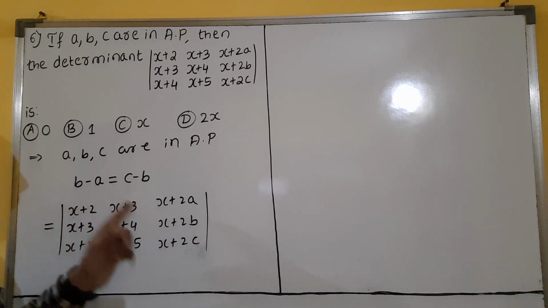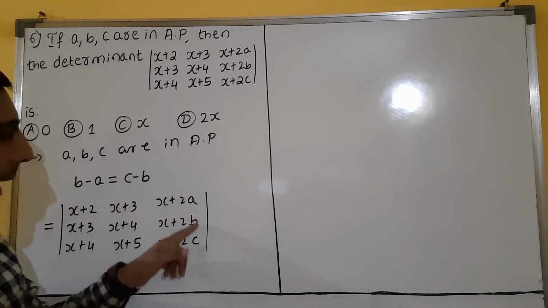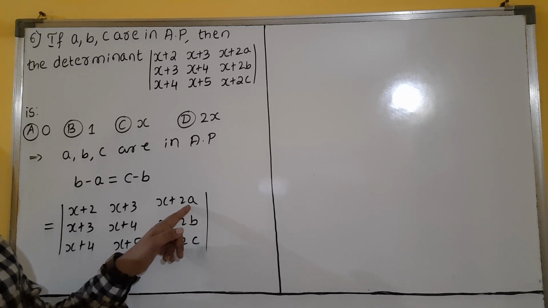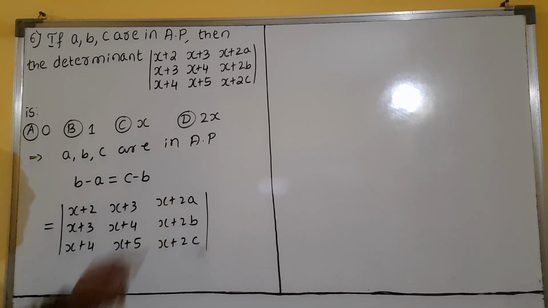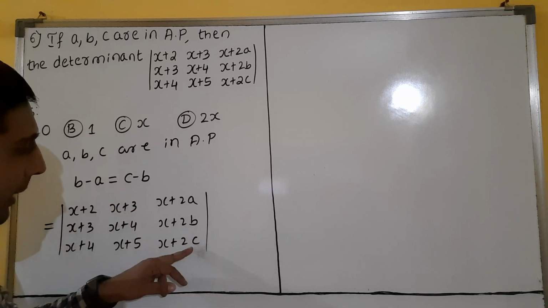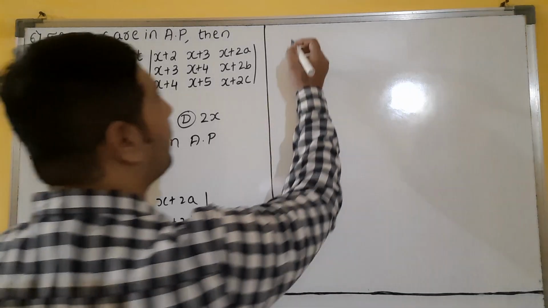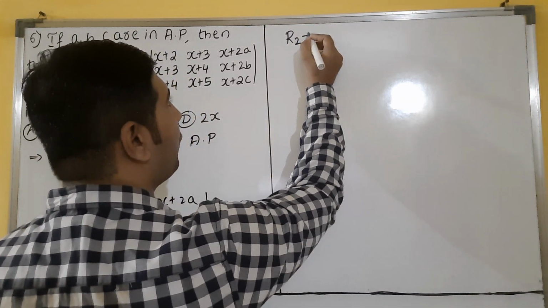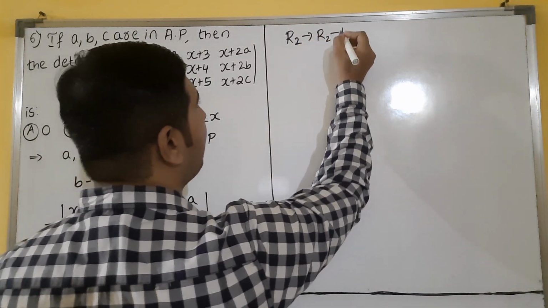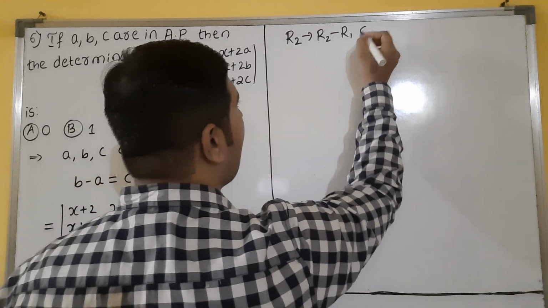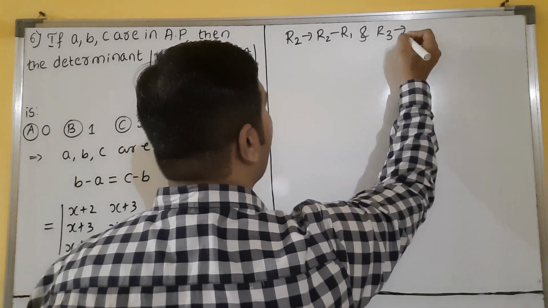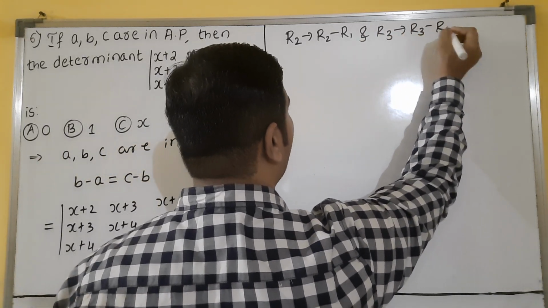B minus a: 2b minus 2a I can get, so that is R2 minus R1. C minus b means R3 minus R2. Understood? So we apply R2 minus R1 and change row 2, and R3 minus R2 and change row 3, dear students.